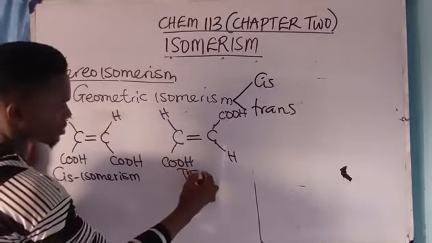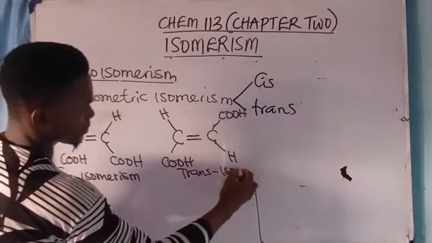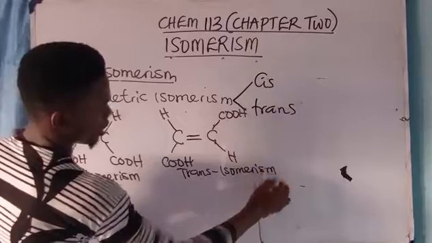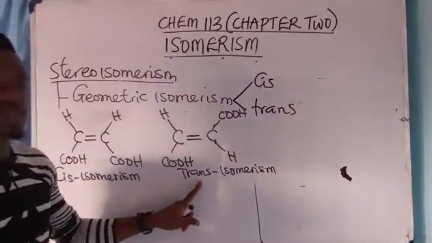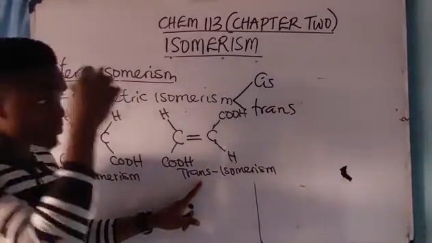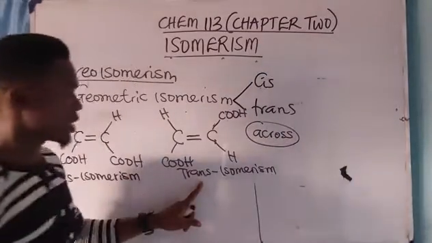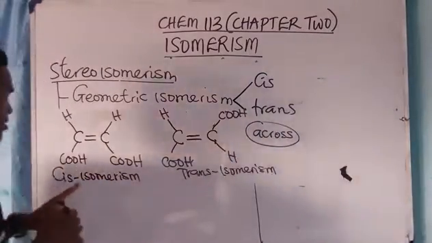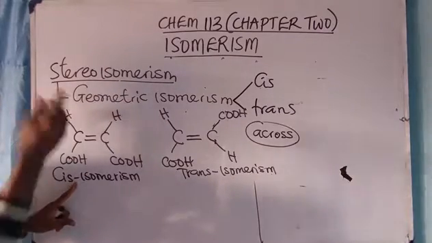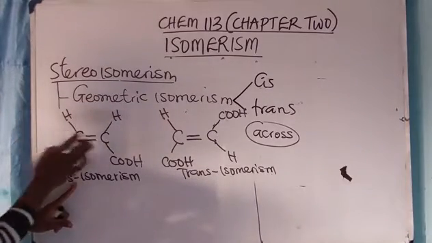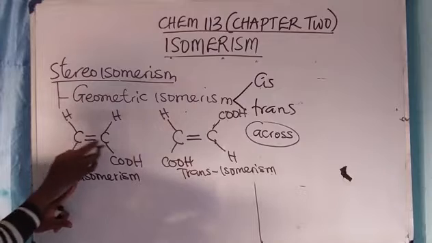A trans isomerism. Now please, trans is a Latin word and it means what? Across. Then cis is a Latin word, it means what? Come this side. They are just found side by side.